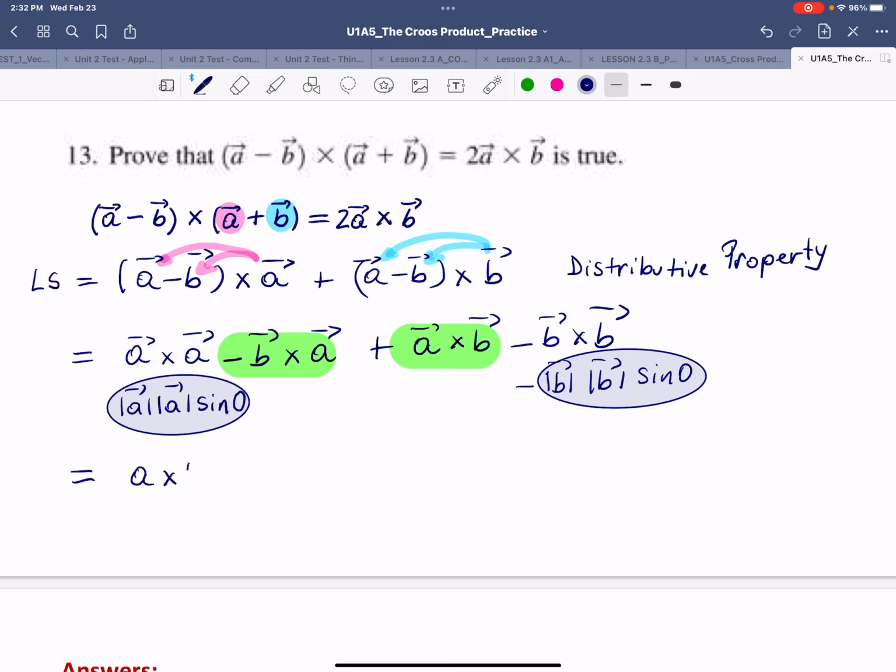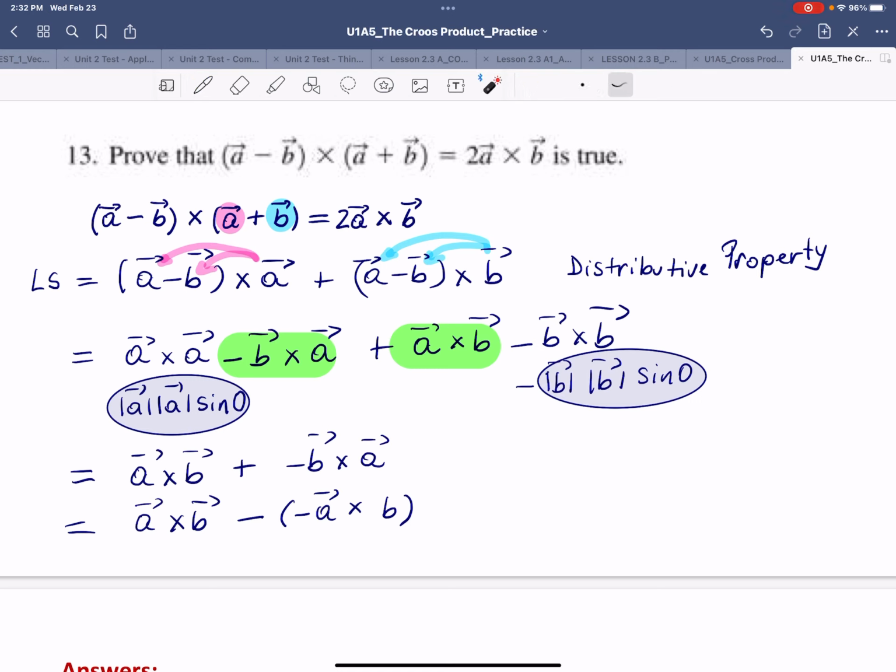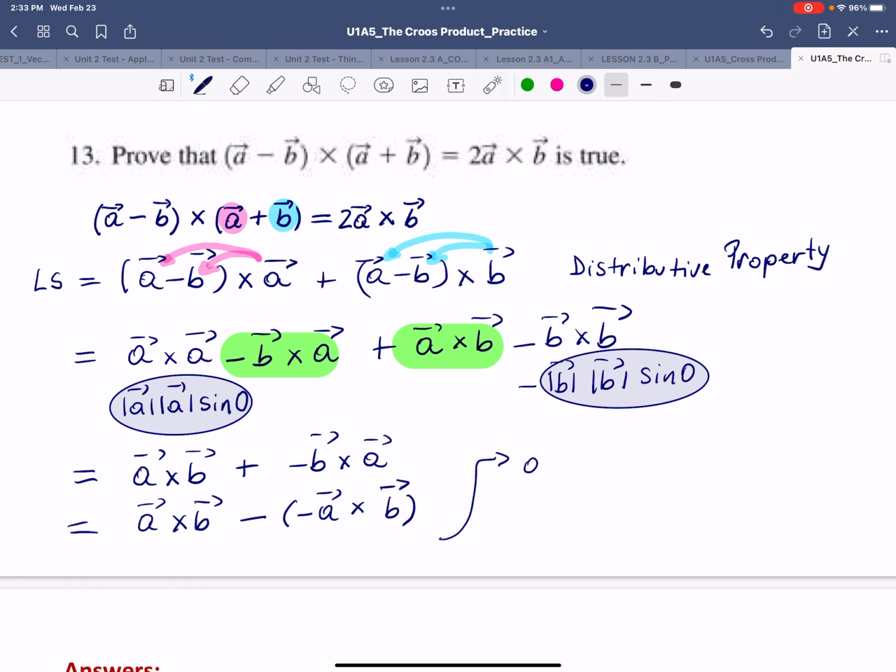So we're going to start off with A cross B, and then plus negative B cross A. And because I want to actually combine the vector A, I'm going to rewrite this as A cross B, nothing changes to this, and then subtract negative A cross B. Okay, so basically what we did in here was we wrote vector A as minus the negative value of A, and then we kept the minus out for the vector B, which is inside it. So remove the brackets and we get A cross B.